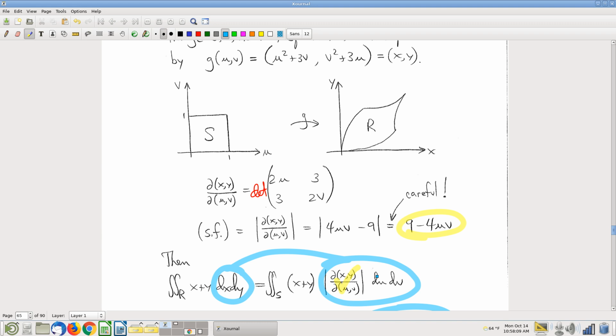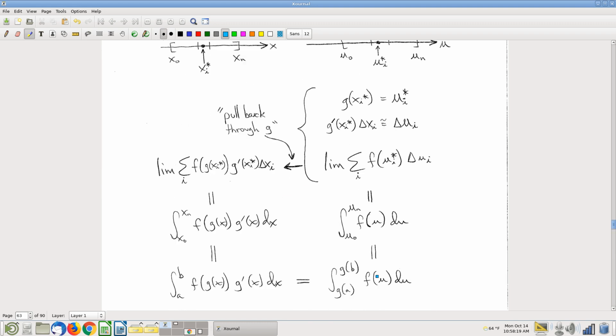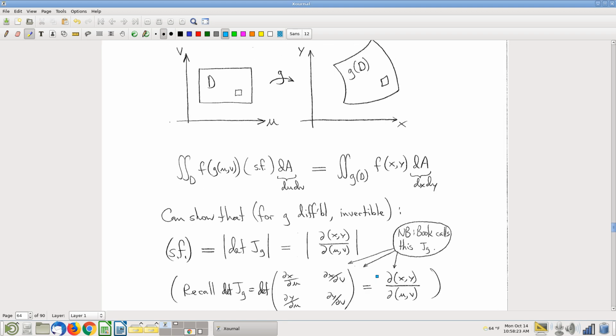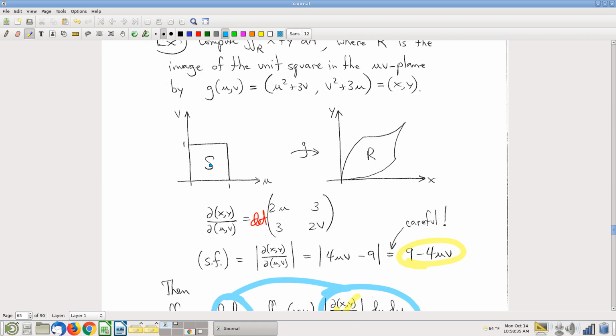Lots of students will just scratch off the x and put u, scratch off the y and put v. That makes no sense at all. It's absolutely inappropriate to what we're doing. And notice in our formula here, it tells you exactly where x and y come from. x and y are g of u and v. That g function will tell you how to get your x and y. And in this example, you can explicitly see it.